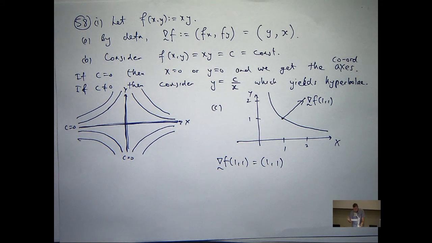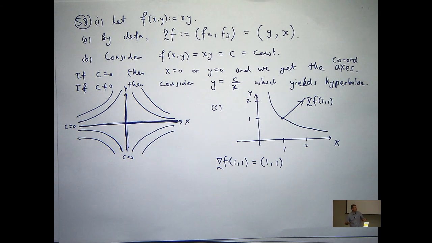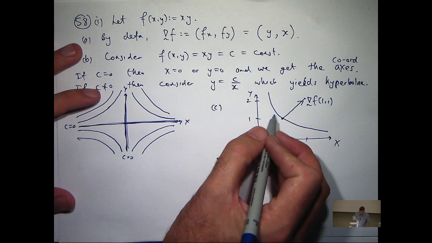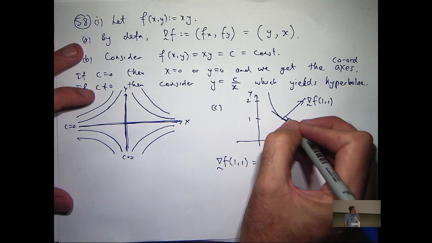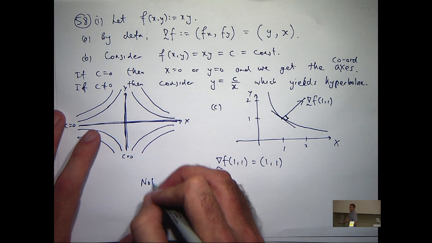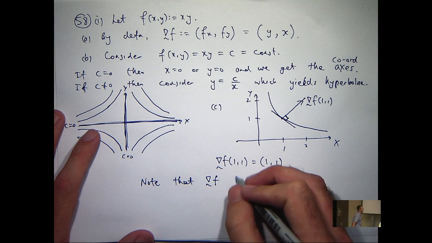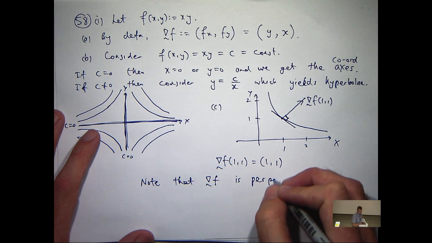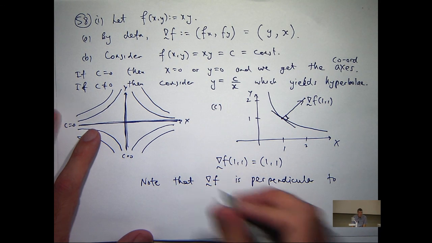I'm noting that the gradient vector is perpendicular to the level curve. If I was to draw a tangent vector in there, I would get a right angle. It's perpendicular, or normal, to the curve.